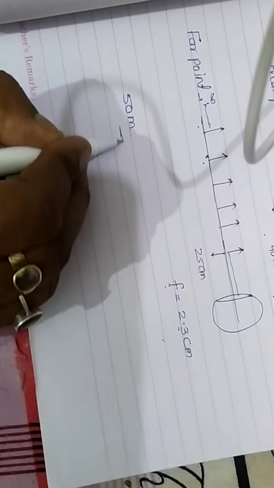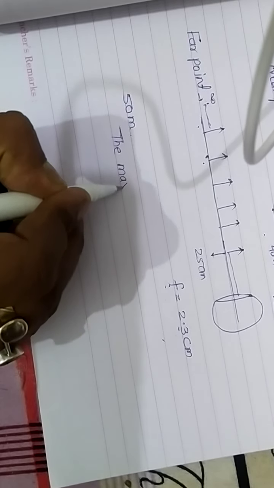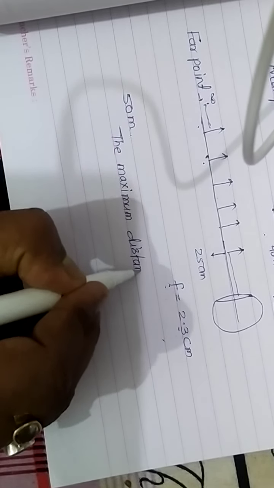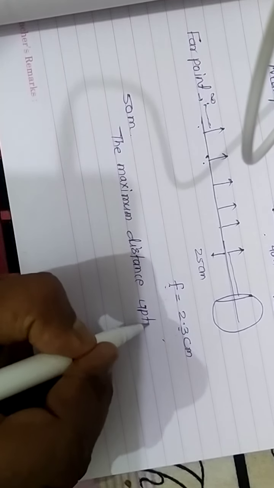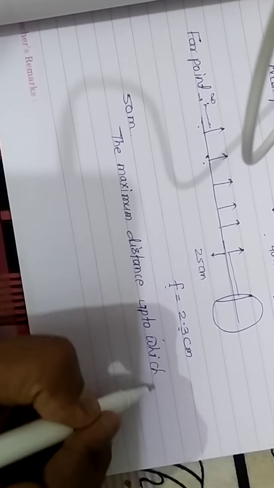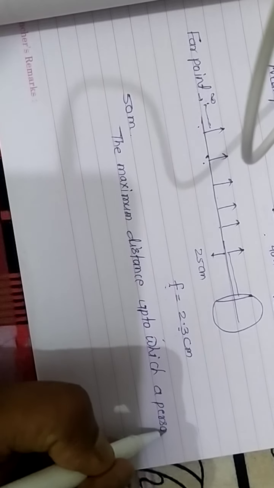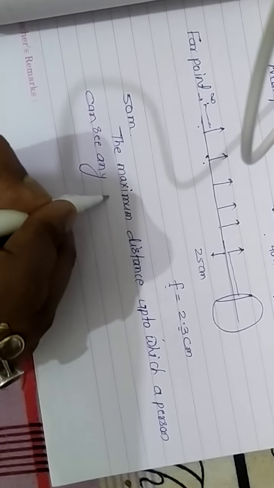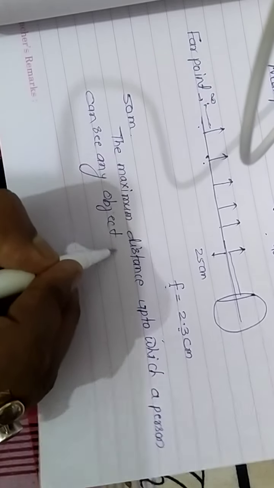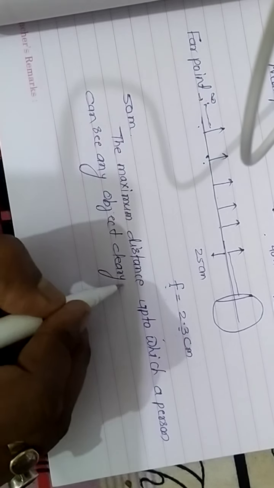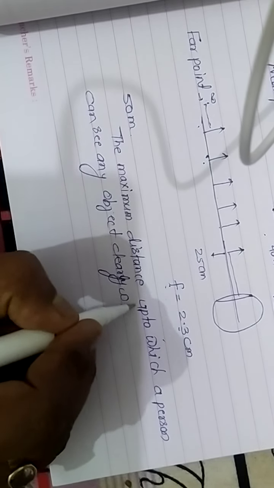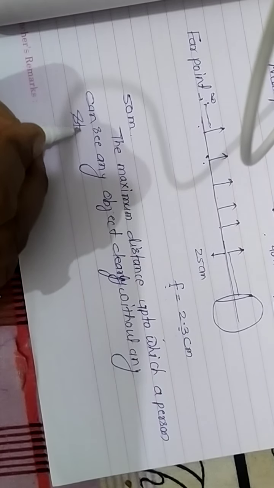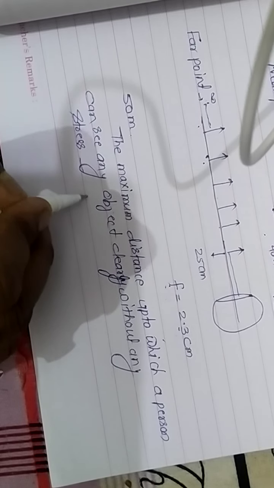So the maximum distance up to which a person can see any object clearly without any stress on the eye is known as far point.